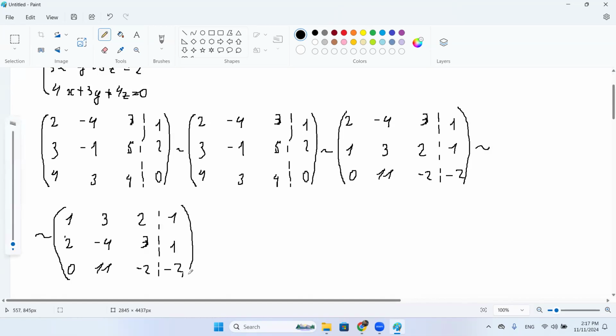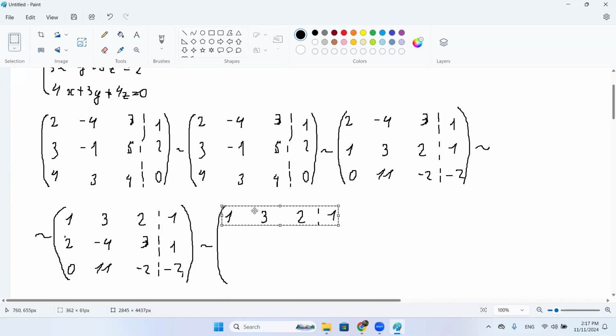And now eliminating this equation. So zeros here. So 0, minus 4, minus 6, minus 10.